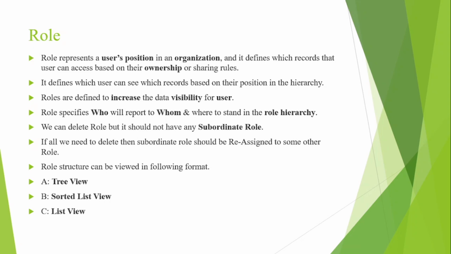It defines which user can see which record based on their position in the hierarchy. So if he is assigned a role, then that role exists on the hierarchy, and on behalf of that, he gets to view the records in the organization.